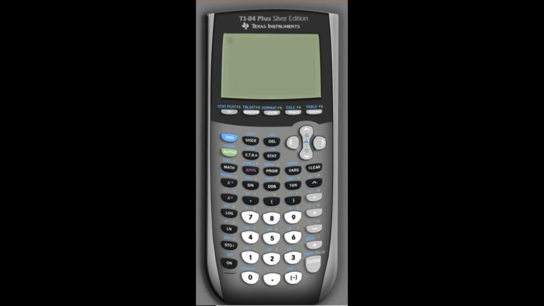So in our graphing calculator, we are going to graph our function. So I'm going to hit y equals, and I'm going to put the numerator in parentheses, so that was x cubed plus 27, divided by x plus 3.